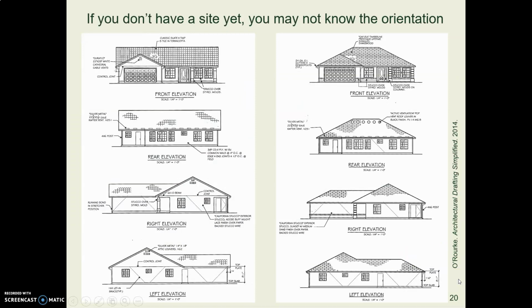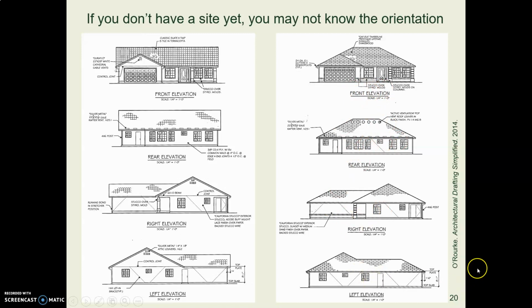If you're doing one of those deals where you're making house plans and you don't have a site yet, you're kind of doing production house plan work, then you may not know which side is north and south and so forth. So in that case, then you just label front, rear, right, left.